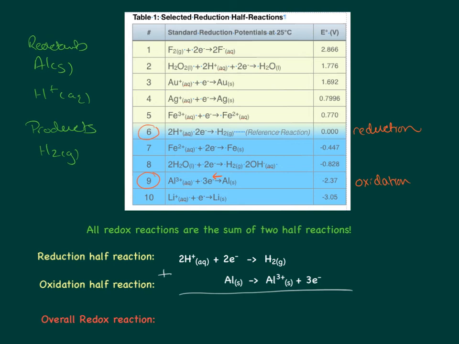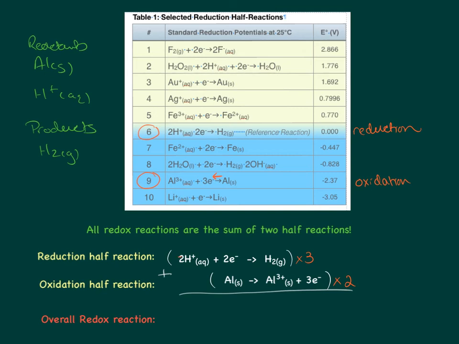So before we can add them together, we have to multiply our reactions by a factor to get the number of electrons equal. We're going to multiply the bottom reaction by 2, and we'll multiply the top reaction by 3.